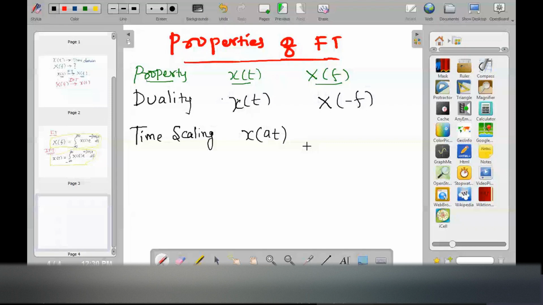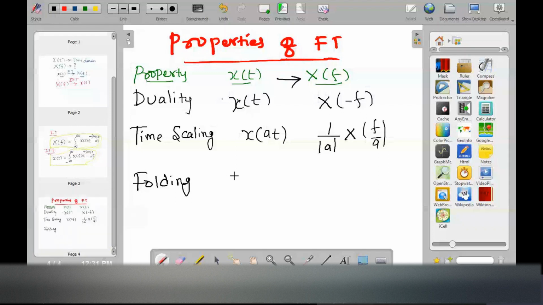And one more property called the folding property. Folding property tells that if x of t has Fourier transform x of f, and I want to calculate the Fourier transform of x of minus t, it will be x of minus f. It's very straightforward, very simple.